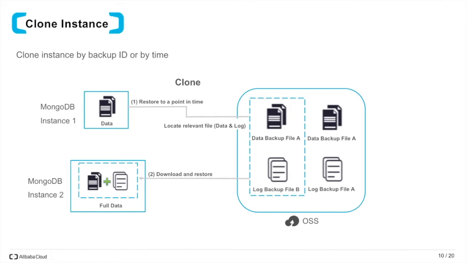Of course, you can customize your new instance configuration too, like the VPC ID and vSwitch ID, and other configs. But you can't change the database version or deployment mode, which belongs to the upgrade engine function. Clone instance can help to ensure that your original instance is secure.